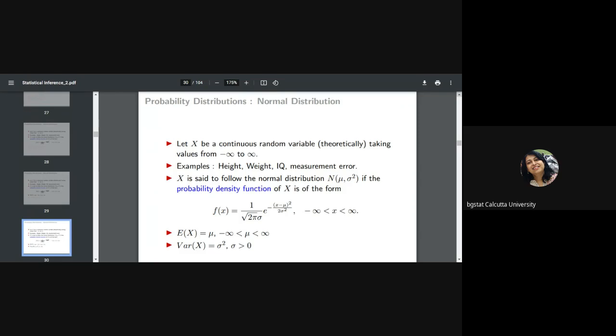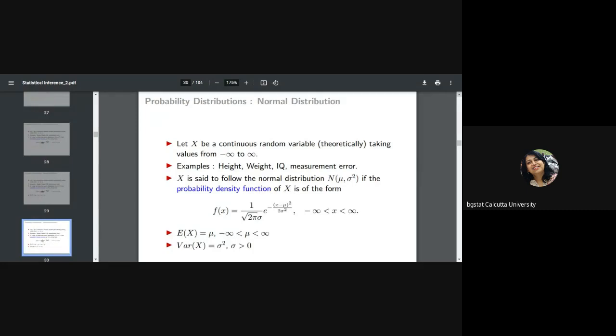Now we used the normal distribution to model weight in our previous lecture. So you might think that weight doesn't really vary from minus infinity to infinity. The point is that the normal distribution has a particular shape, which we call the bell shape. Even though theoretically it lies between minus infinity and infinity, in practice the probability of taking very large or very small values is so small that we can use it to model continuous variables which only take values within a certain range.